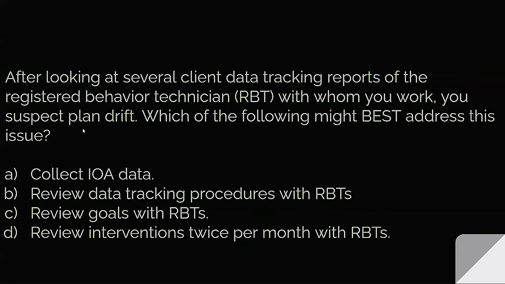Right, okay, so yes, I see plan drift and procedural fidelity as the same thing. We're talking about the plan. And your question is, when would we do IOA? It's when I'm not sure whether we have the same behavior in mind. The definition of the behavior isn't clear enough for both of us to record it the same. So that's where IOA collection is really helpful.